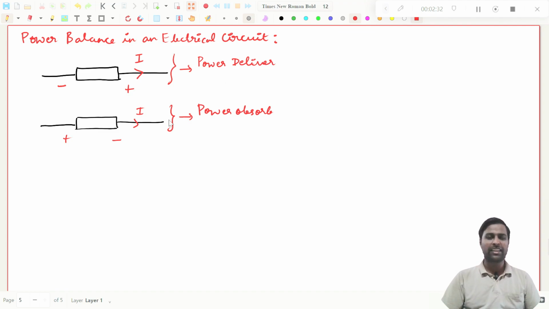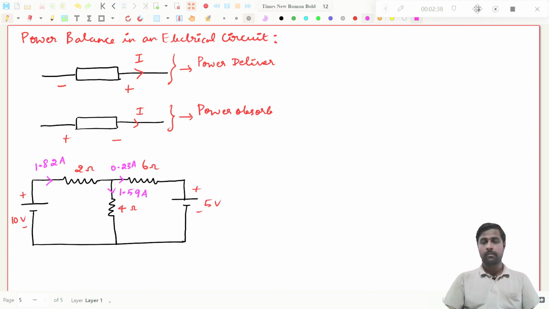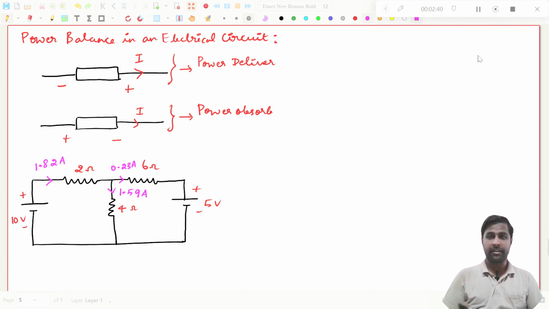These two you have to understand very clearly, right? Now we will take the same problem and I will tell you how power will be balanced in an electrical network, right? So we will take the problem. Now you see here, I have taken the same problem, whatever we have seen in the KVL KCL example.